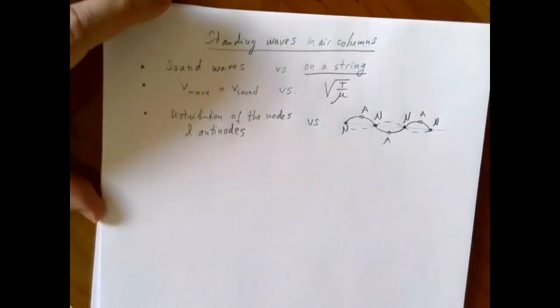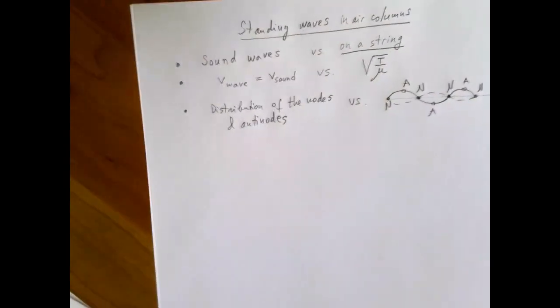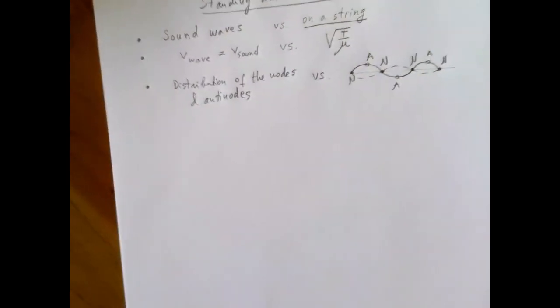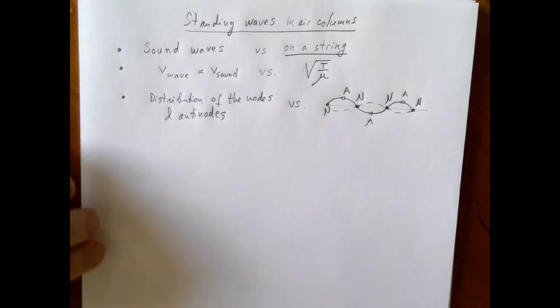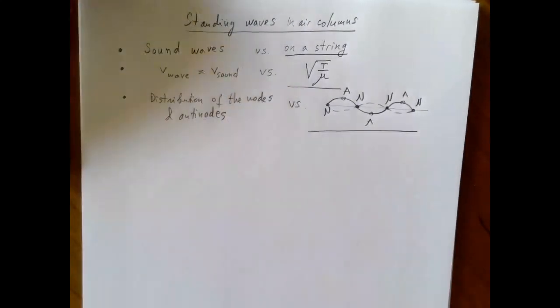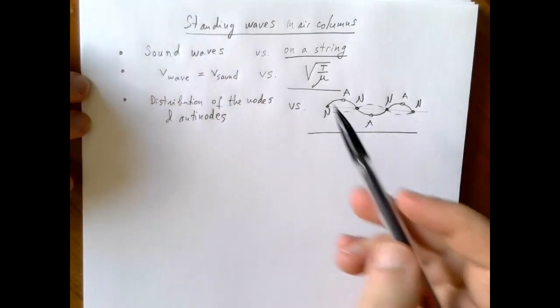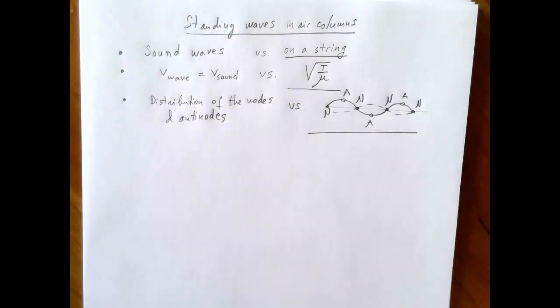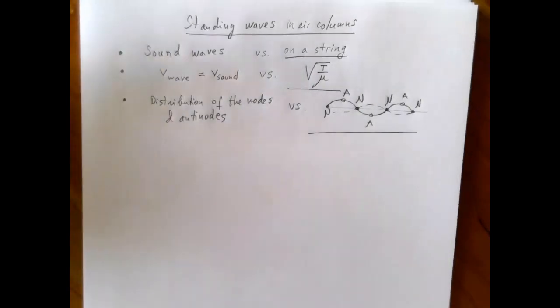So we'll see when we are done with this topic that there are similarities and there are differences, but for now we have to be aware that from the very beginning we are talking about different things.